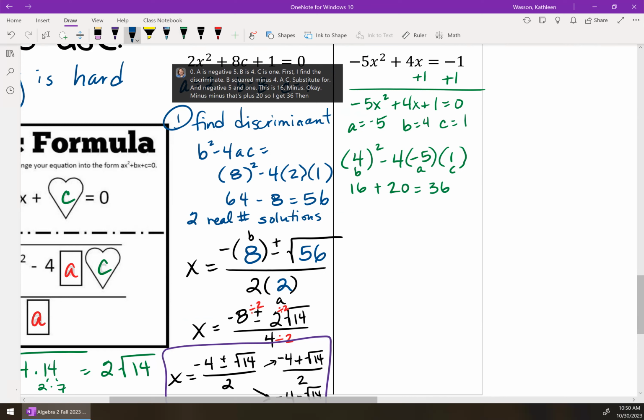Then, oh, I didn't put a step 2 on here. We do the rest of the quadratic formula. So first, we do the discriminant. Then we do the rest of the quadratic formula.